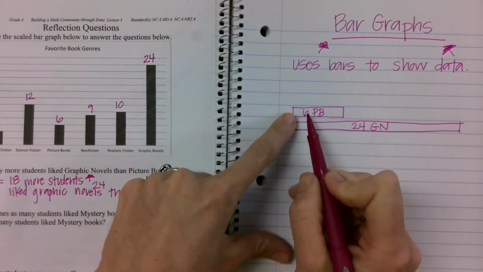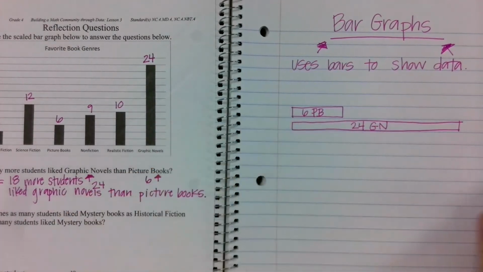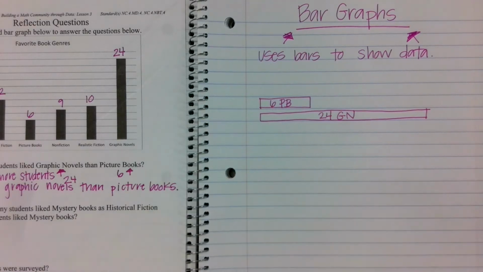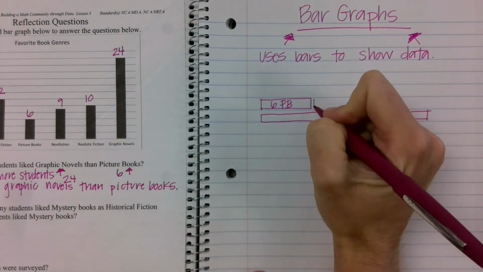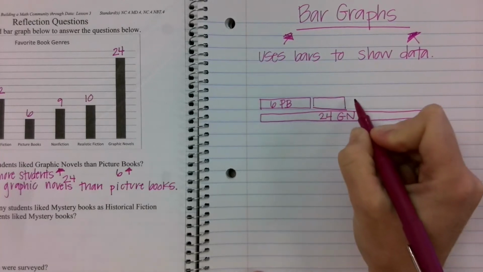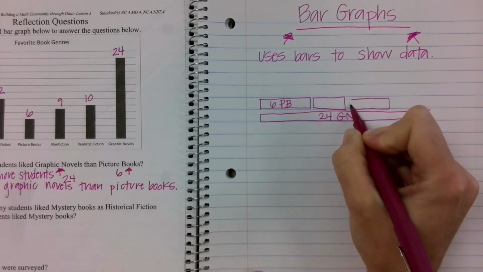What do I know about 6 and 24? I know that 6 times 4 is 24. It's not really drawn to scale. I'm trying to draw it to scale.